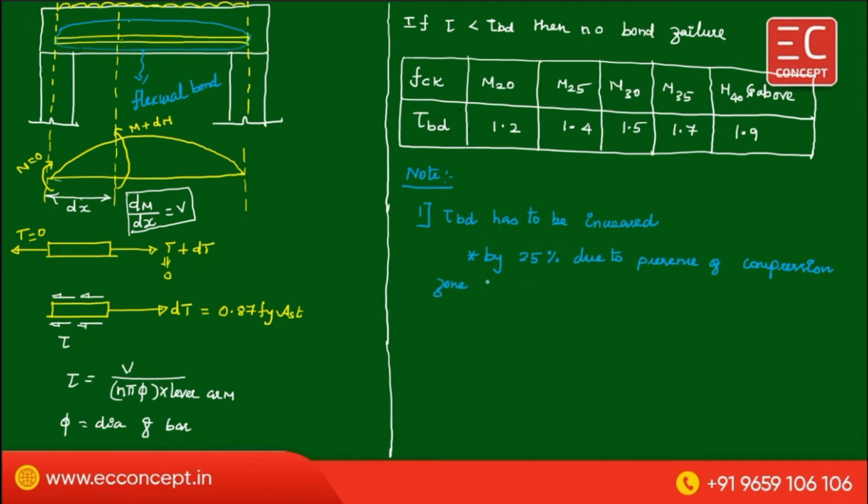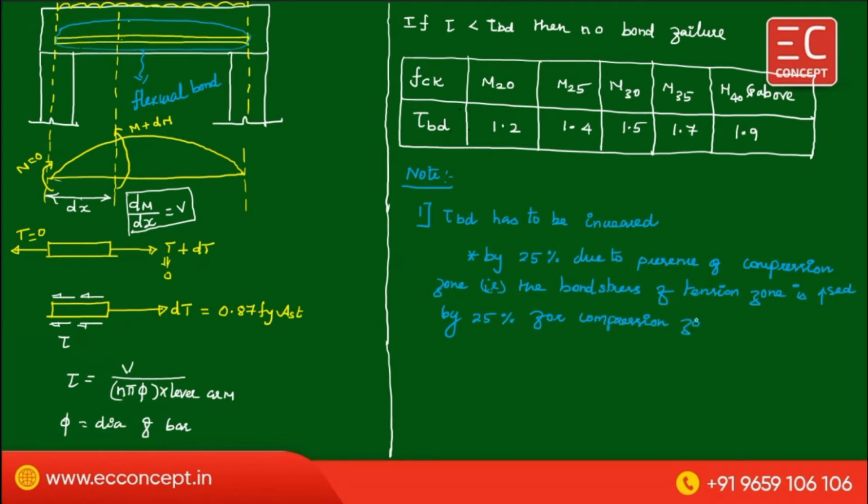Okay, that is the bond stress of tension zone is increased by 25% for compression zone.